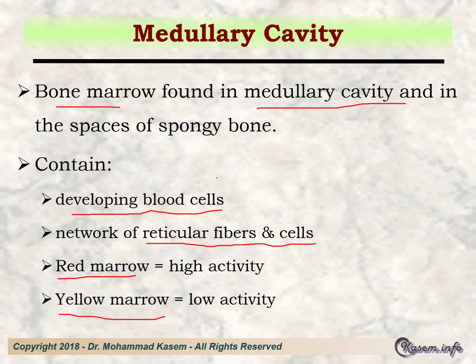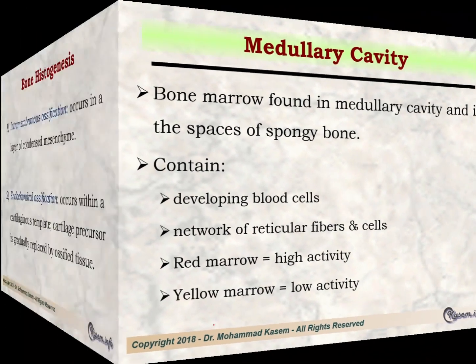The bone marrow is red if it is active, forming blood cells. While if it is resting, not functioning, it contains many more fat cells, so it is called yellow bone marrow because of the fat cells.